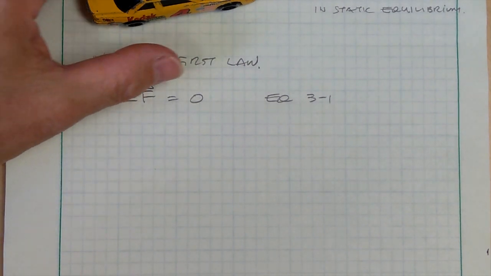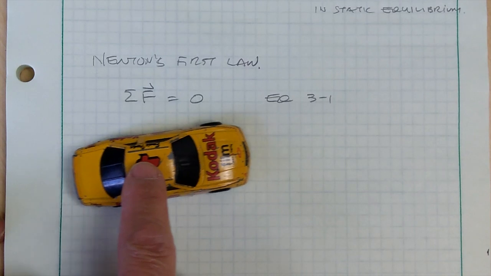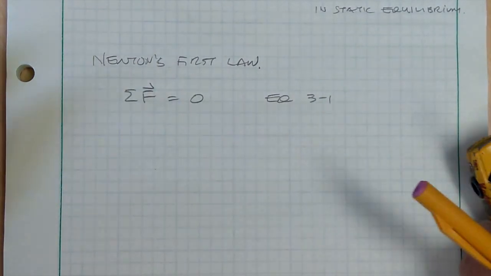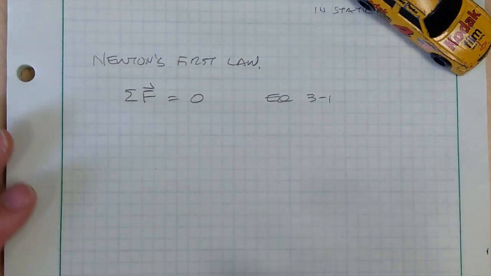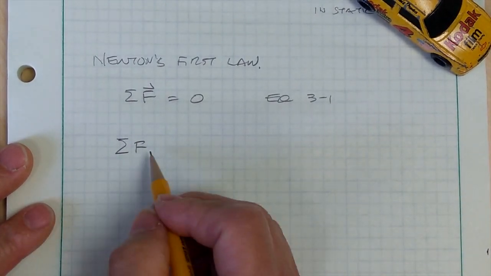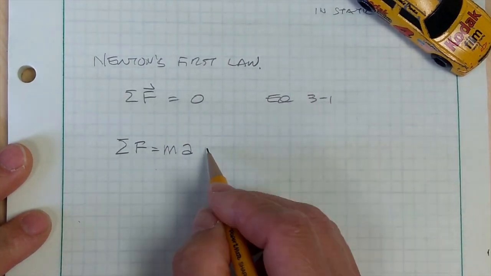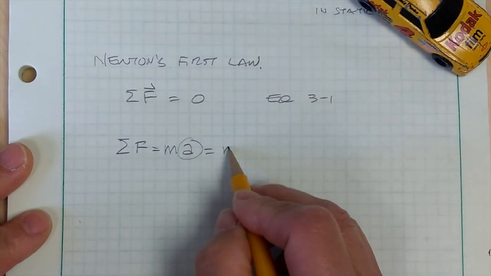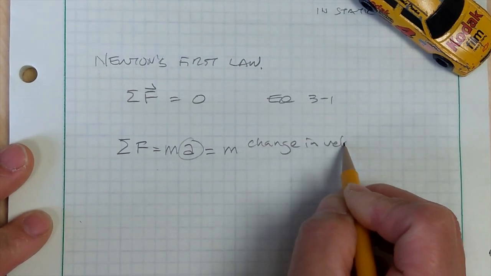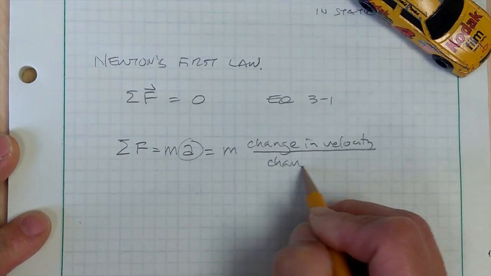Now, let's see what happens if a car is traveling at constant velocity. In an ideal setting where there's no wind resistance, no rolling resistance, we would have the sum of all the forces equal to ma. However, this a can be rewritten as the change in velocity divided by the change in time.